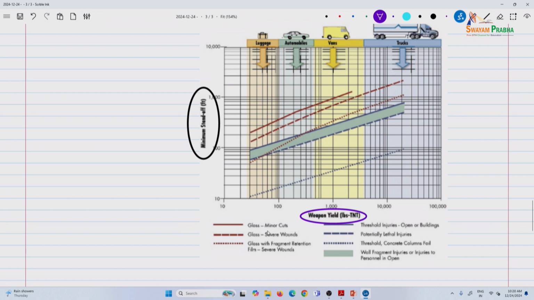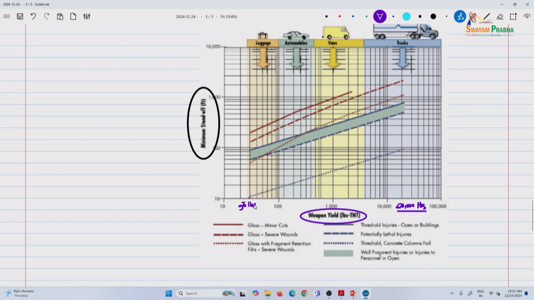It starts with glass and minor cuts. Clearly you need much more standoff distance, even for 10,000 pounds. We've talked of up to 20,000 pounds. Remember that. This is the highest range, and down in the 50s, this is 30 pounds.